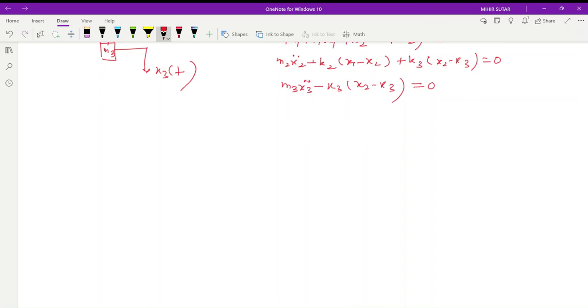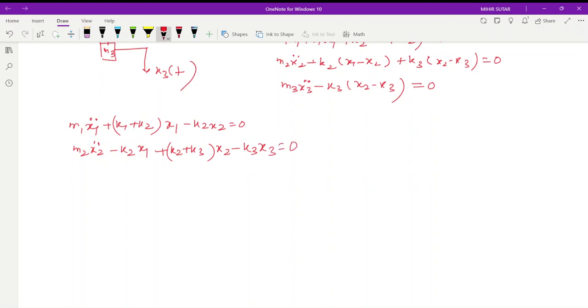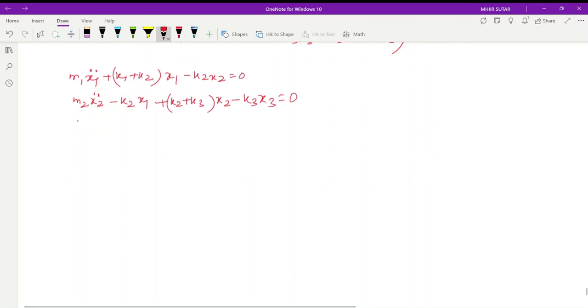So in a more simplified manner we can say it is m1 x1 double dot plus (k1 plus k2) into x1 minus k2 x2 is equal to 0, m2 x2 double dot minus k2 x1 plus (k2 plus k3) into x2 minus k3 x3 equal to 0, and m3 x3 double dot minus k3 x2 plus k3 x3 is equal to 0.